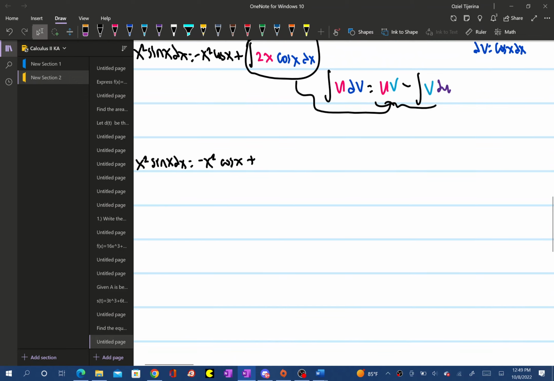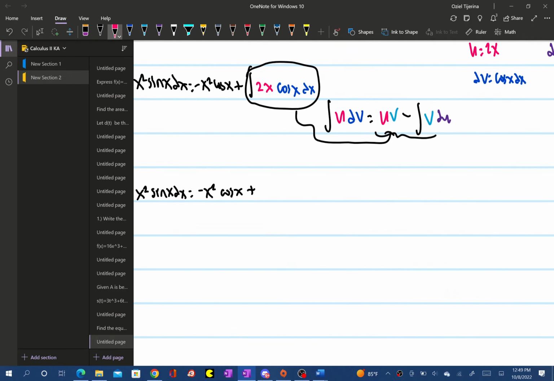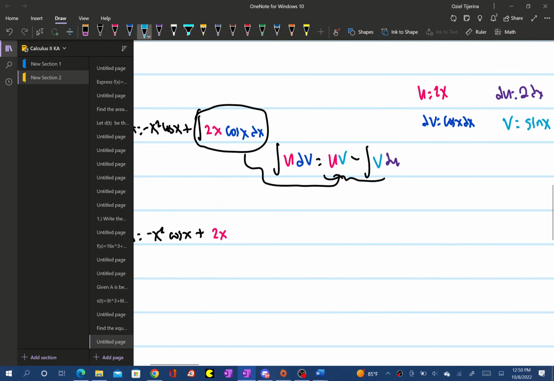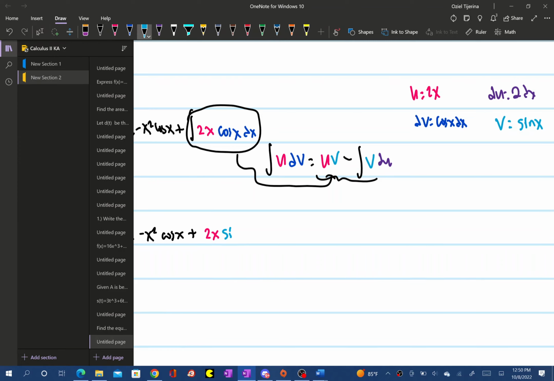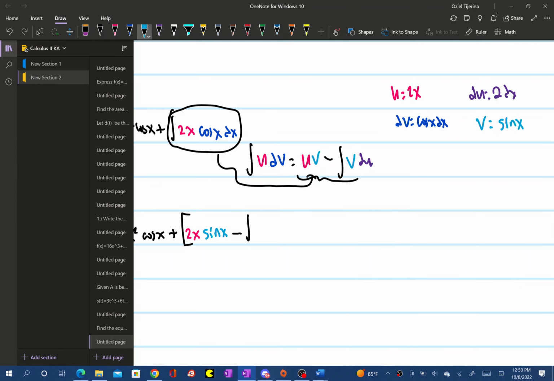So we say u, so plus 2x, and then times v, which we said was sine x, so 2x sine x, minus the integral of sine x times 2 dx.